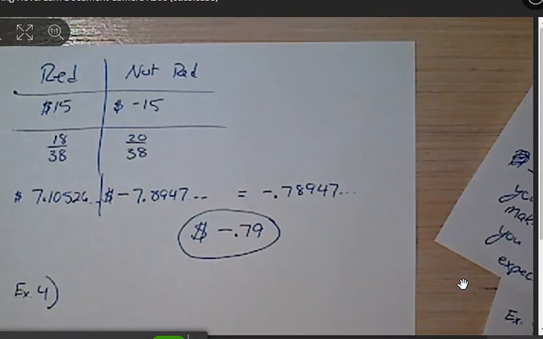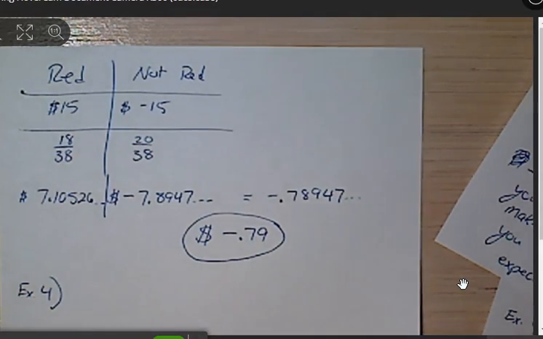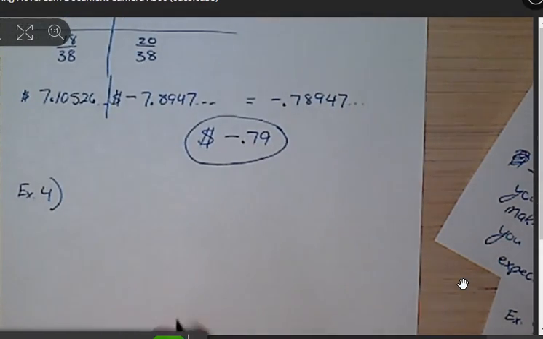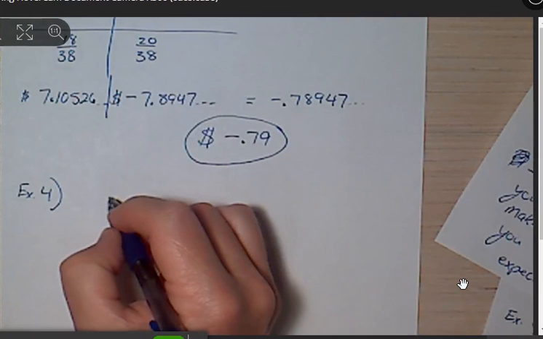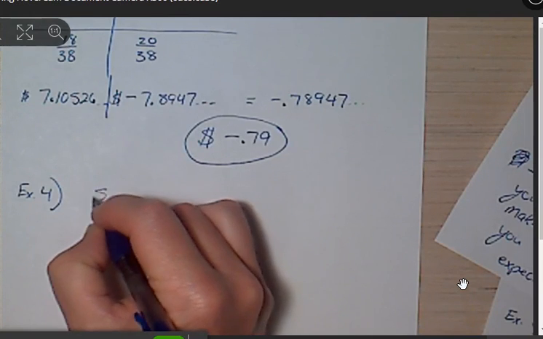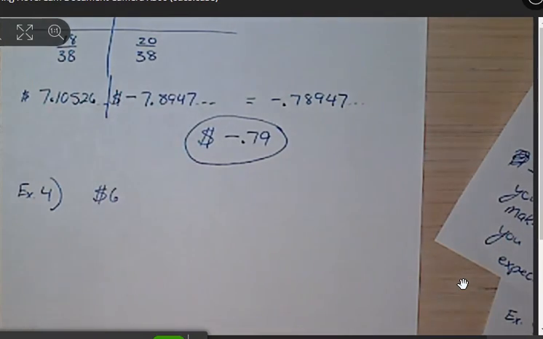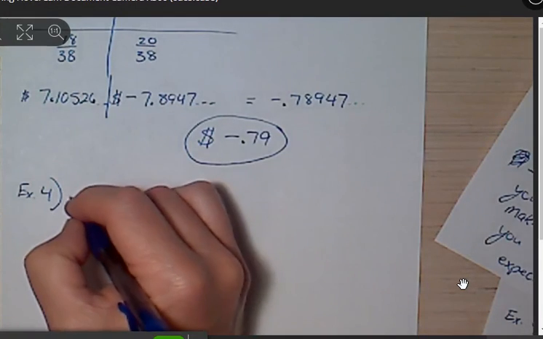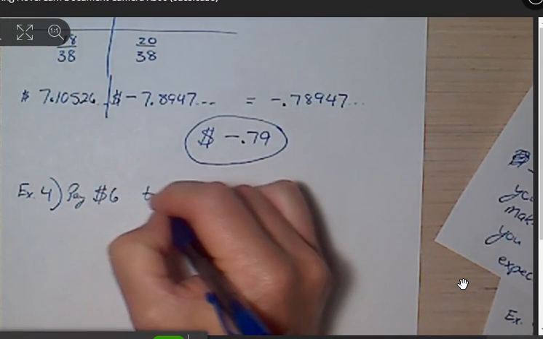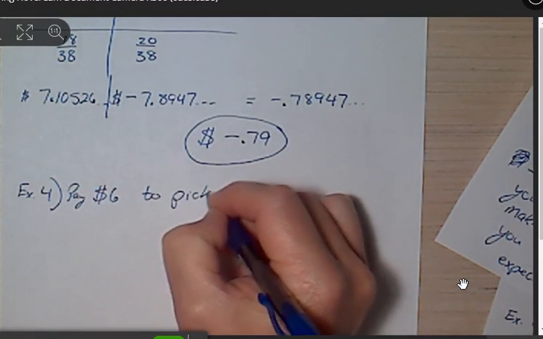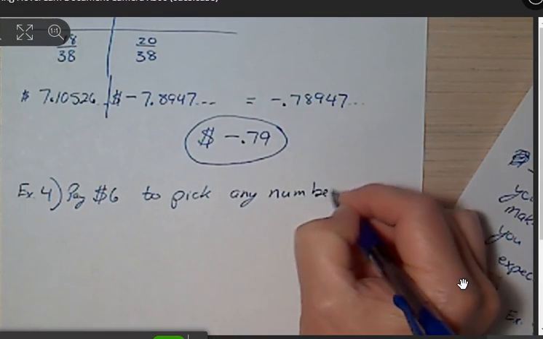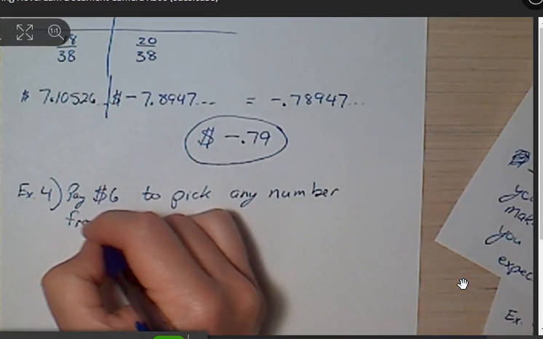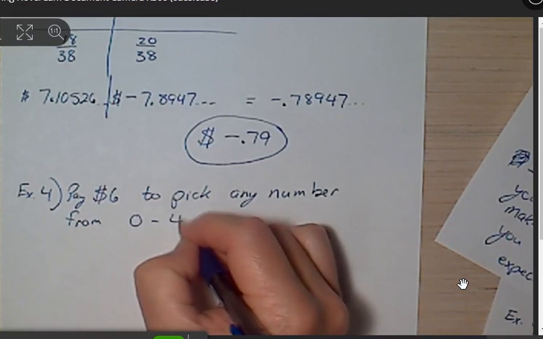Okay, and one more of those, and that's pretty much all that they can throw at you here in section 9.1. This would be along those same lines, but a little bit different. You can put $6 to pick any number from 0 to 499.